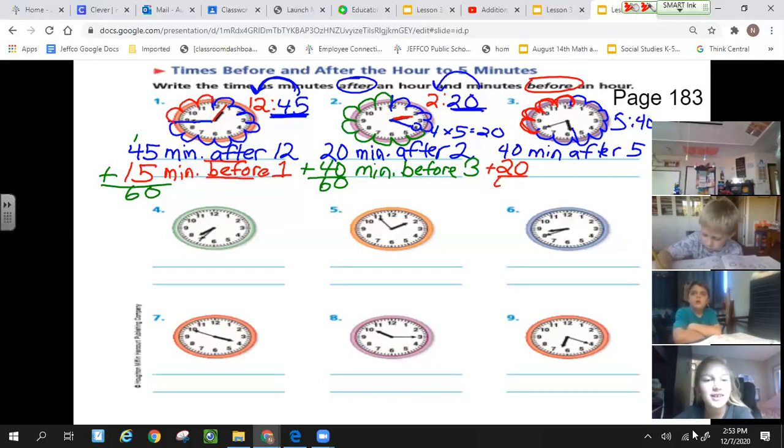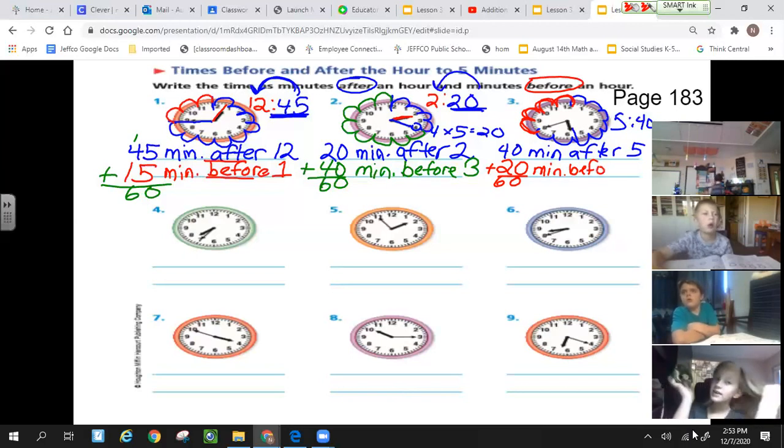Right, because it has to equal 60. Before. So how would I say that? 20 minutes left. 20 minutes after. We already did after. We want to use before now. 20 minutes before 6. You got it.